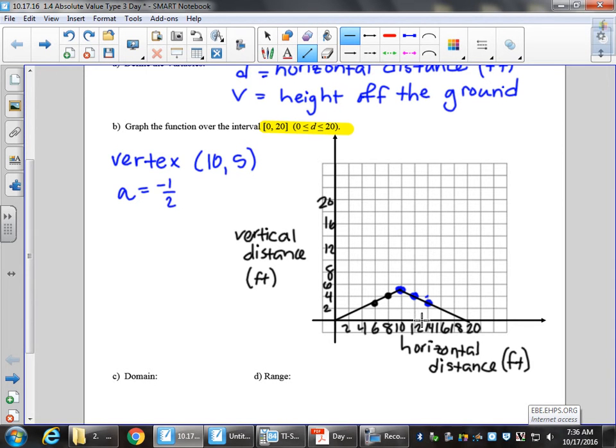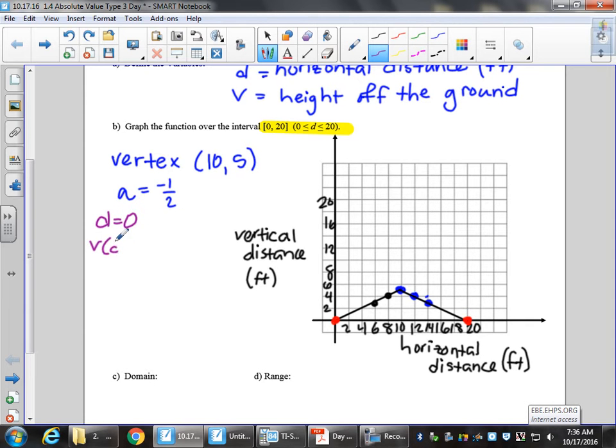Do we end up hitting 0 and 20? Zero, 20. Now, we were able to kind of reason on that from the graph, but we can actually calculate this as well. Are these values for D or V? D. Is D the input or the output? Input.